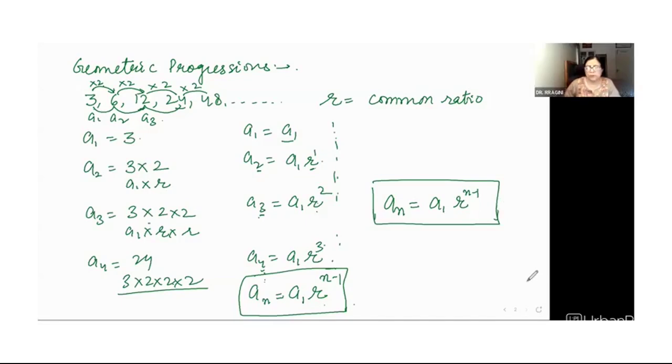Right? So let us take some example here. Start with the question: 2, 8, 32, and so on up to n terms.